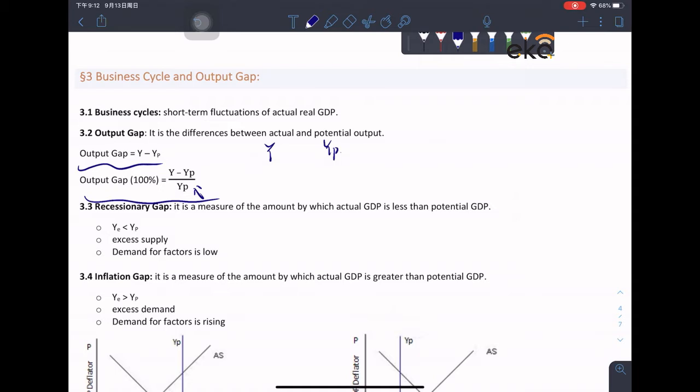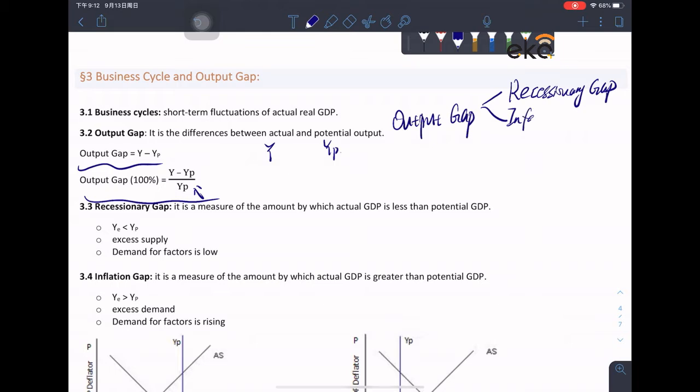In output gap, we have a recessionary gap and we have an inflation gap.